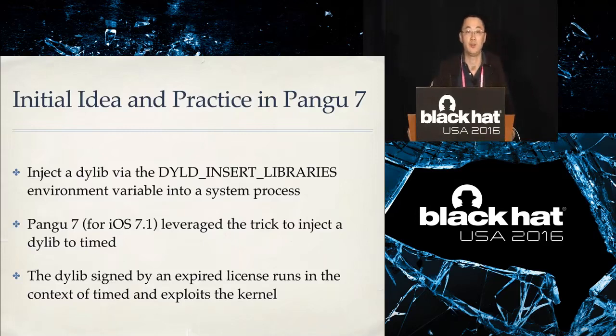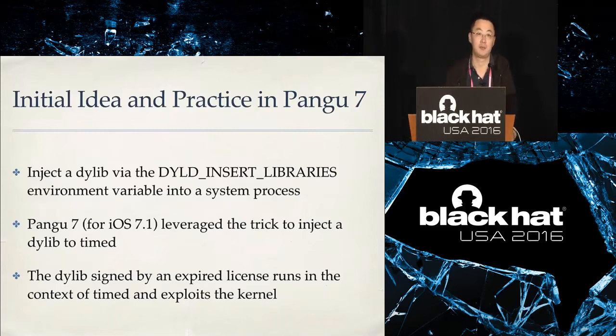So basically, it will tell the dynamic loader, you should load this kind of libraries first before you run the program. So in Pangu 7, we use this trick to inject a library into timed. Timed is a system process. And that library is signed by a kind of expired license. As a result, our library runs in the context of timed and continue to exploit the kernel.